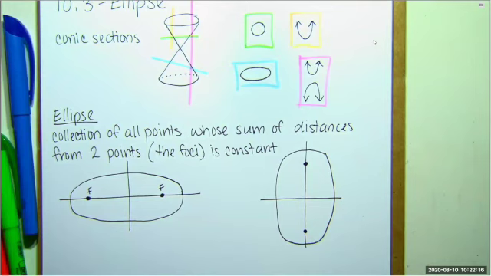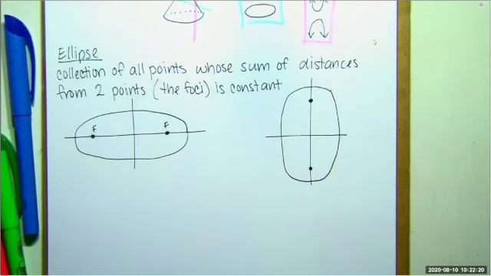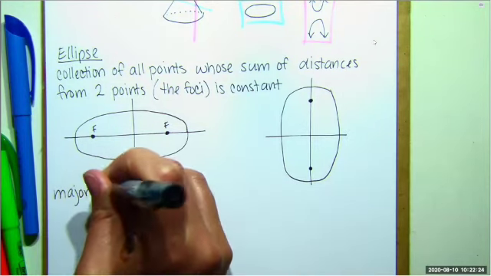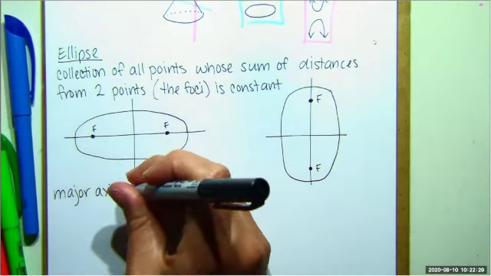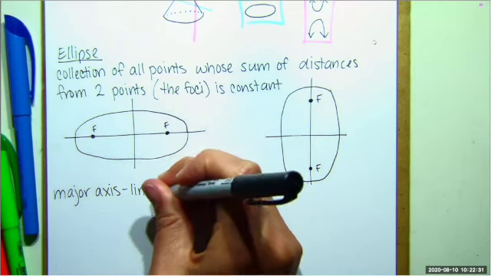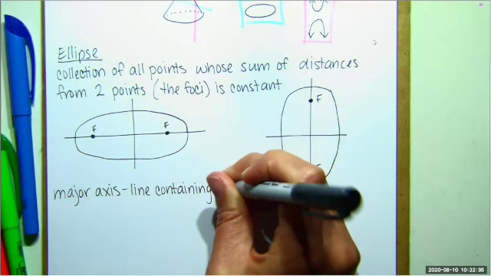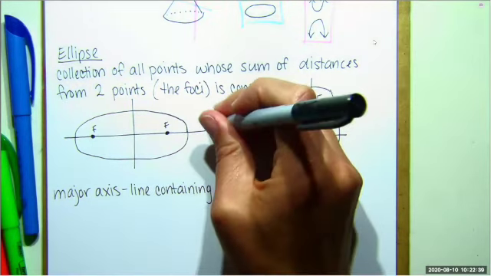All right, so here comes all of our new terminology for the ellipse. The first one is called the major axis. The major axis is the name we give to the line containing the foci. So when an ellipse is oriented horizontally like this, here's our major axis.